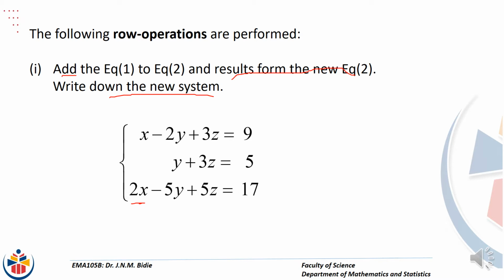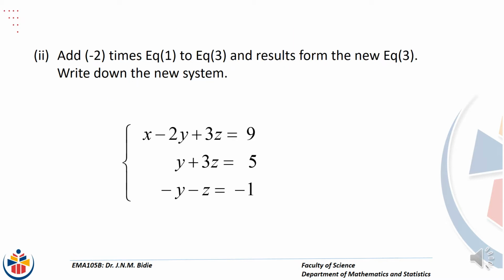And what you get will replace the third equation. That's what we did: we're adding -2 times equation 1 to equation 3, and the results will form the new equation 3.